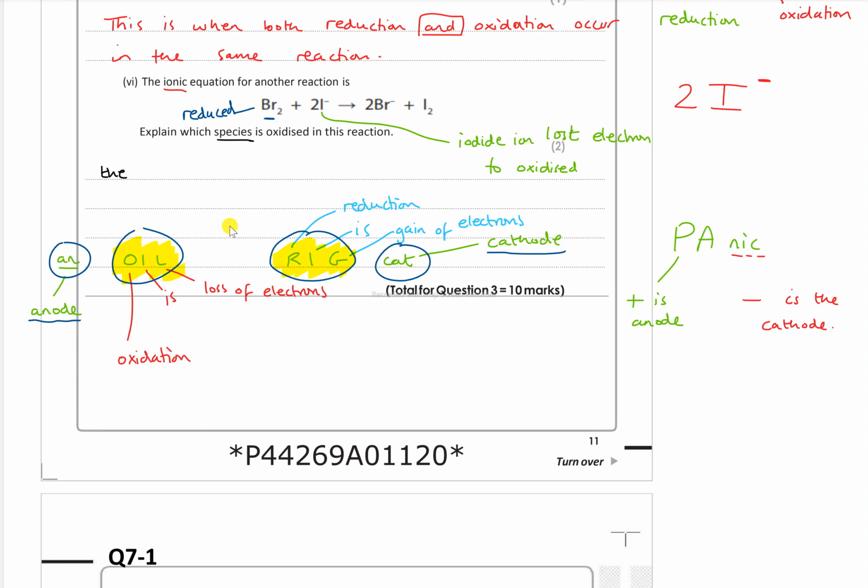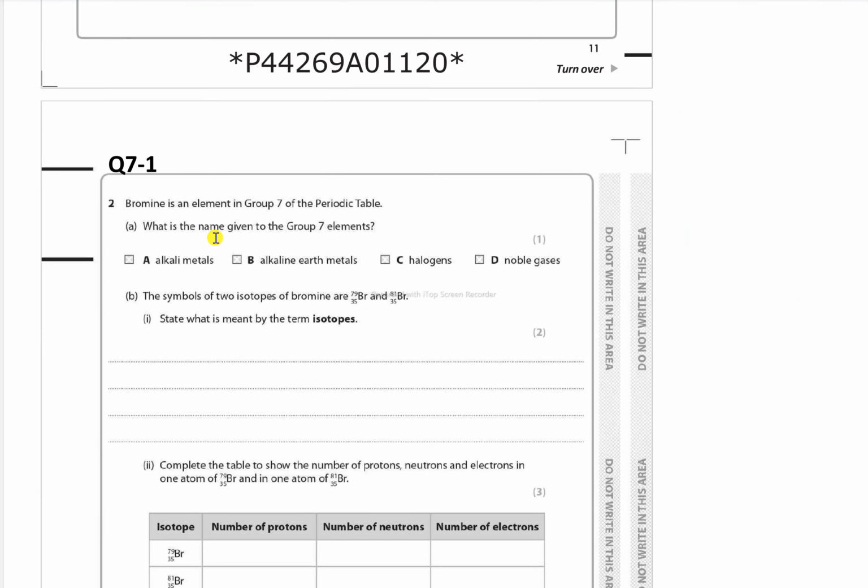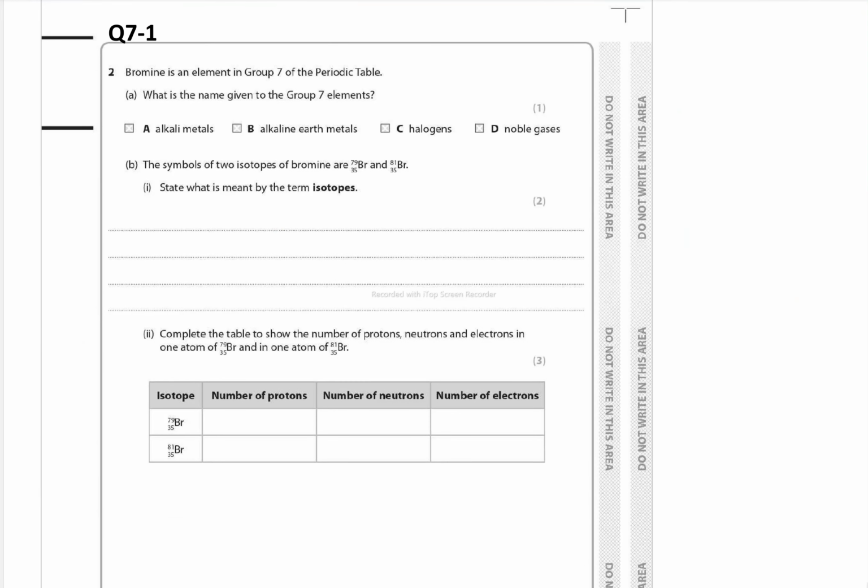The iodide species has, as it's saying, explain, lost electrons. There you go.